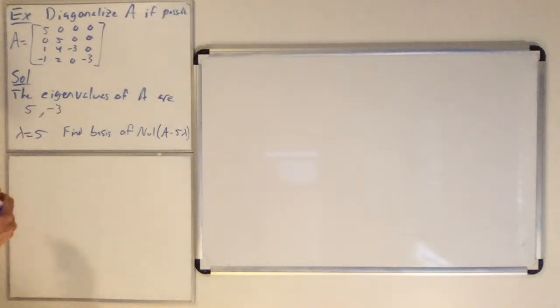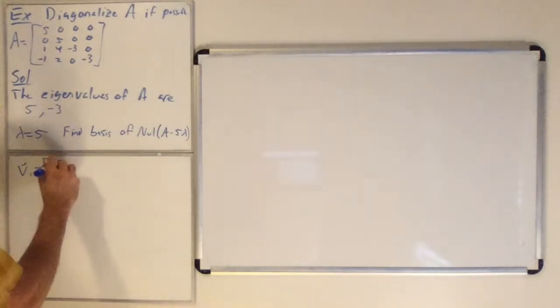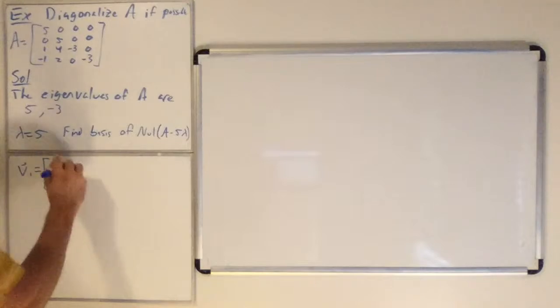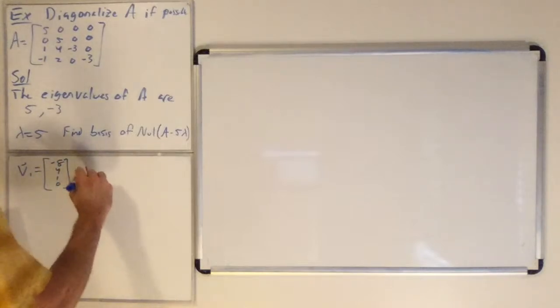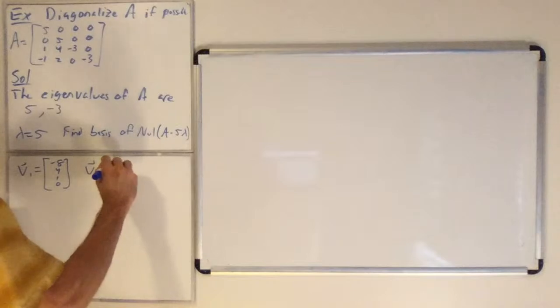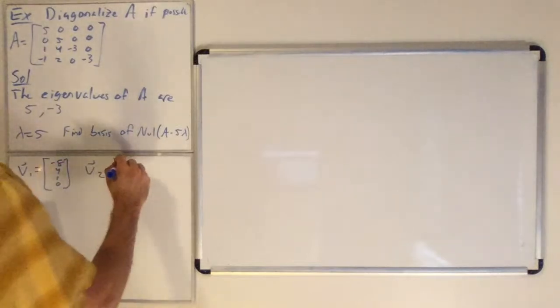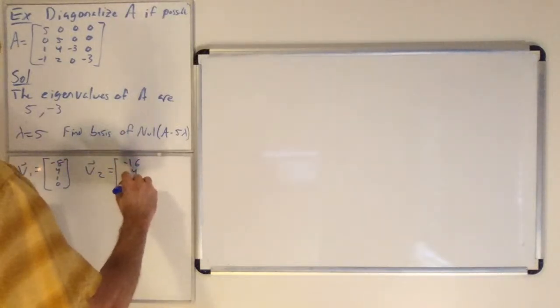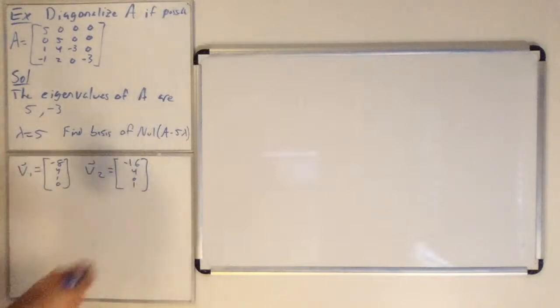Our basis is (-8, 4, 1, 0) and (-16, 4, 0, 1). Okay, so check this on your own. But again, we've done a lot of examples like this, so I don't want to spend too much time.